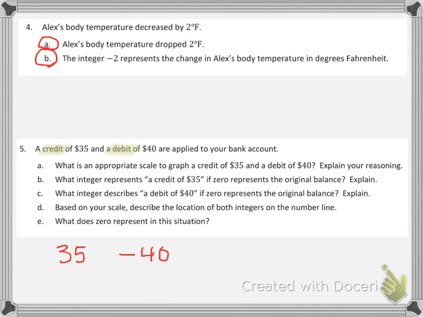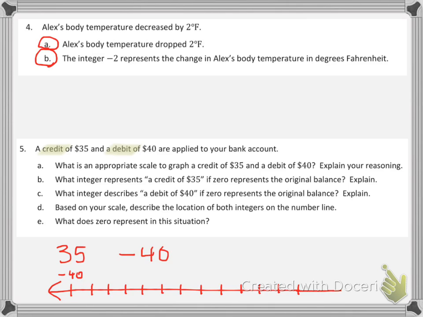So my number line is going to have to range from negative 40 on the left side. Let me quickly draw one here. So negative 40 would have to be down on this end, and then 35 would have to be on the right end. And maybe we go by 5s, I think. Negative 35, negative 30, negative 25, negative 20, negative 15, negative 10, negative 5, 0, and then 5, 10, 15, 20.